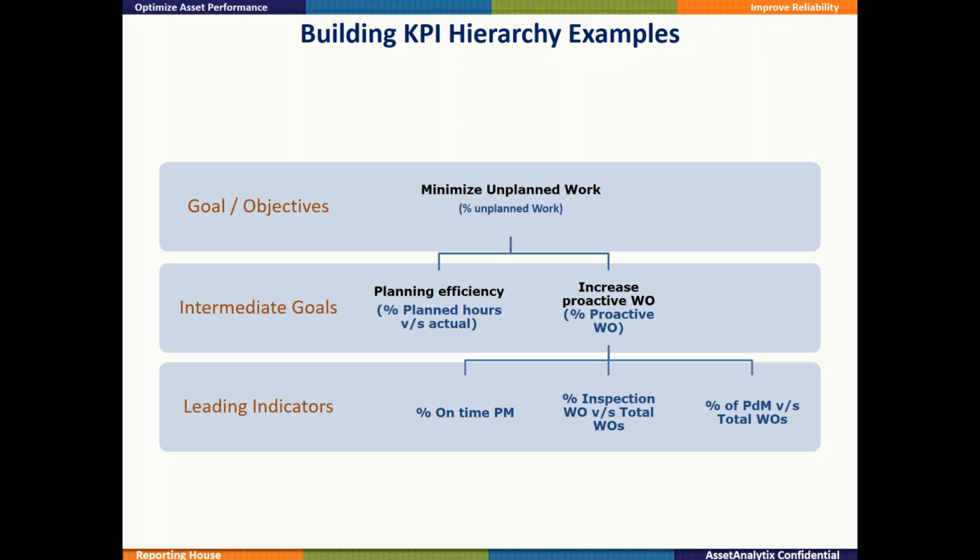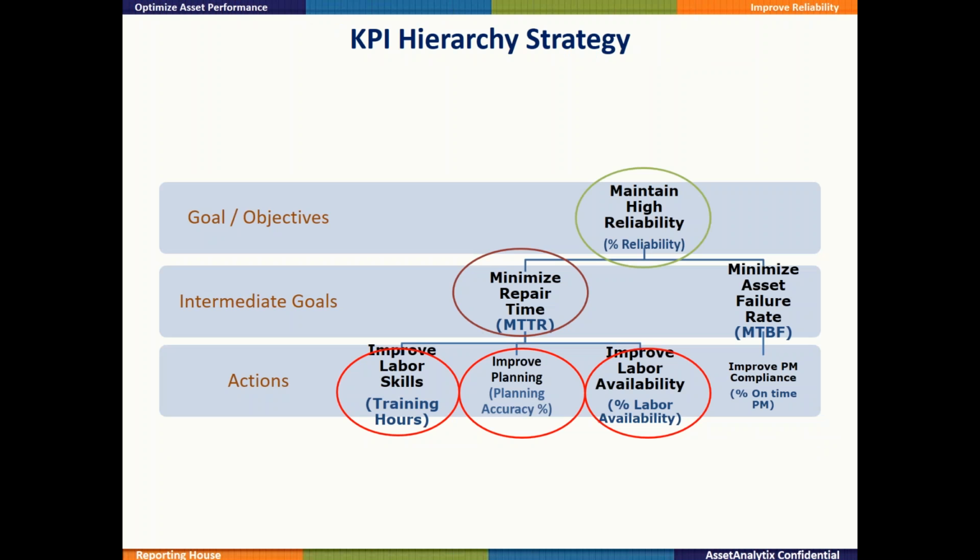In this particular example, we developed the right leading and lagging indicators and the right information, the right reports, and the right data to the right people. We improved labor planning and scheduling by 37%. Labor utilization, the direct impact is that it improved mean time to repair. When it improved mean time to repair, then we start seeing, moving over to the right, we improve mean time between failure because we started improving compliance and all the other aspects that make up mean time between failure.